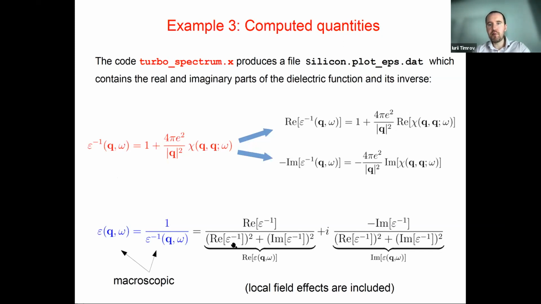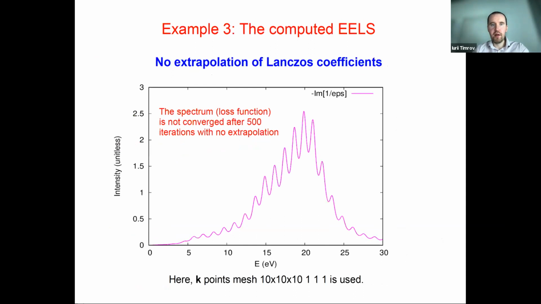So the file that we obtain from turbo EELS will have information about the real and imaginary parts of epsilon^-1 and also the real and imaginary parts of epsilon, which we can plot. Without extrapolation, we should obtain this figure. On the y-axis, we have the intensity of the EELS spectrum, and on the x-axis, we have energy.